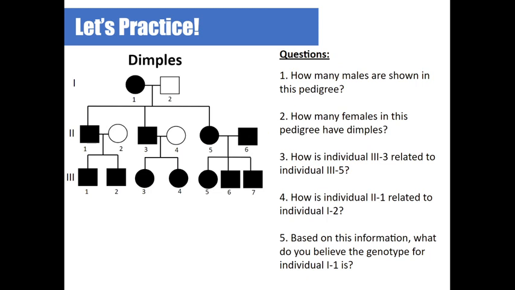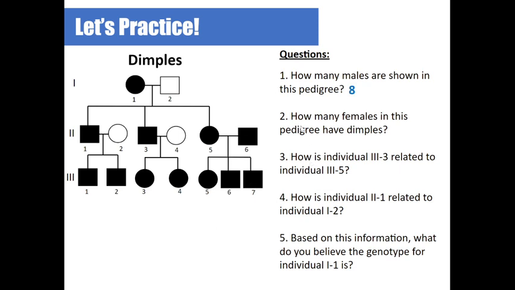So let's do some practice questions. How many males are shown in this pedigree? Let's count the males. And remember that the males are squares. So 1, 2, 3, 4, 5, 6, 7, 8. We have 8 males.